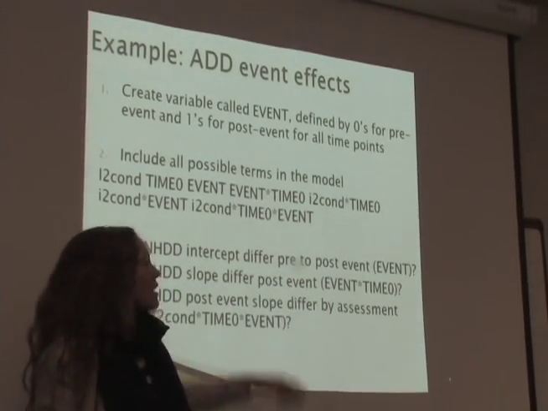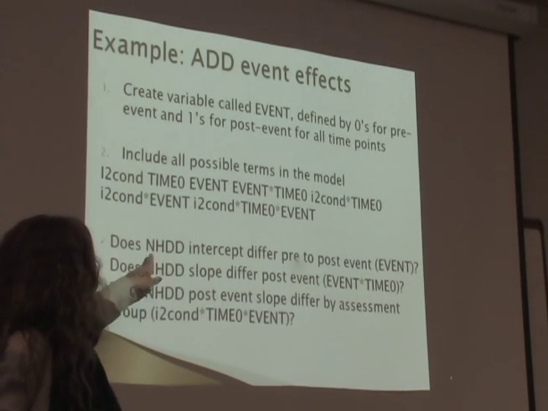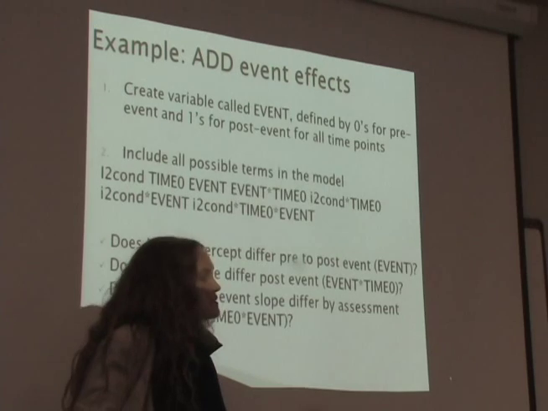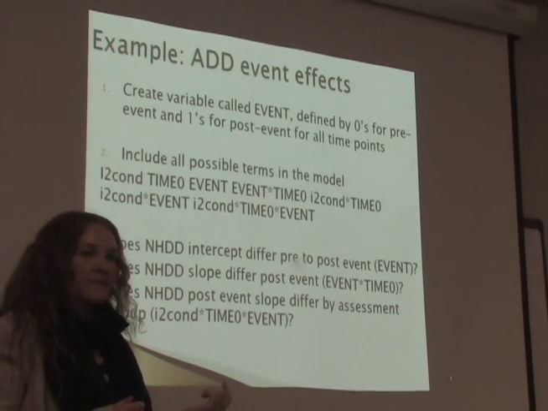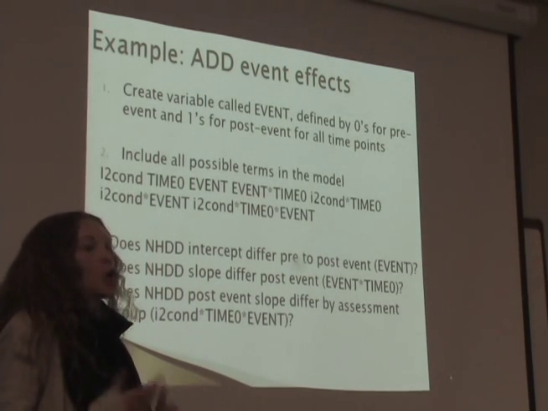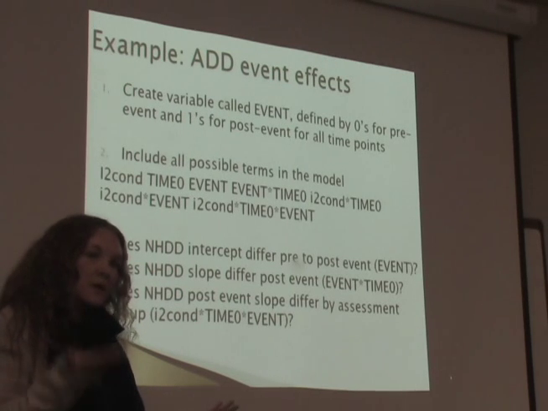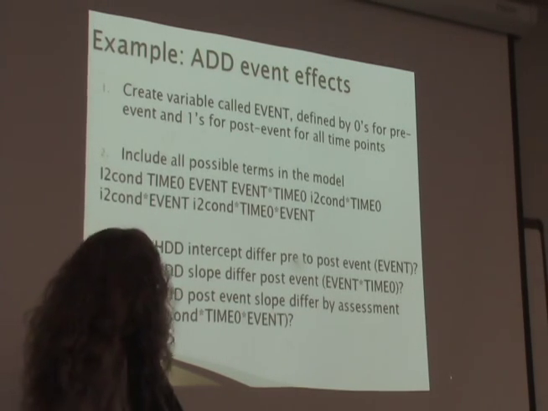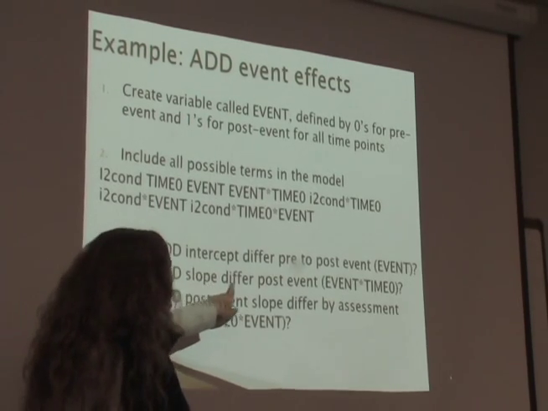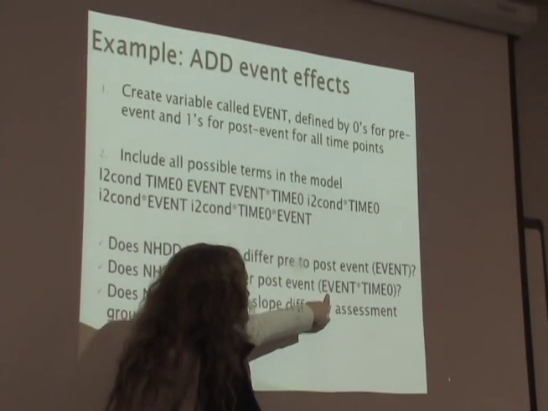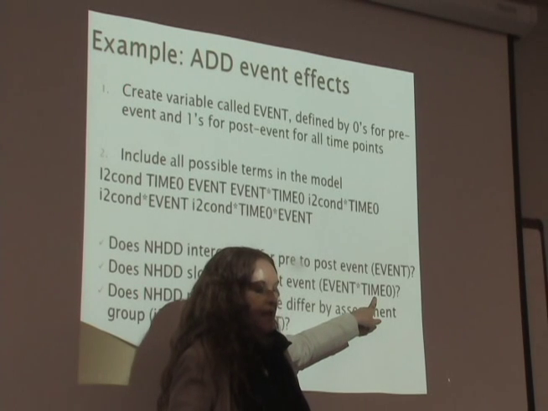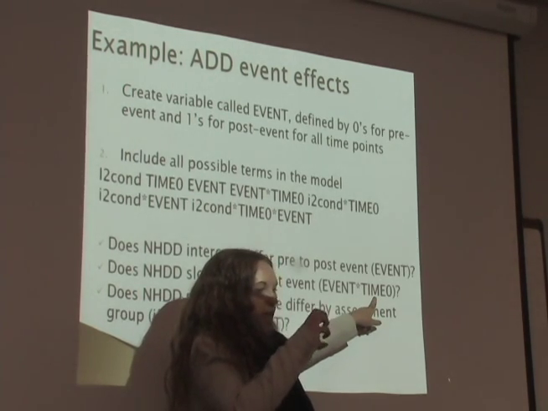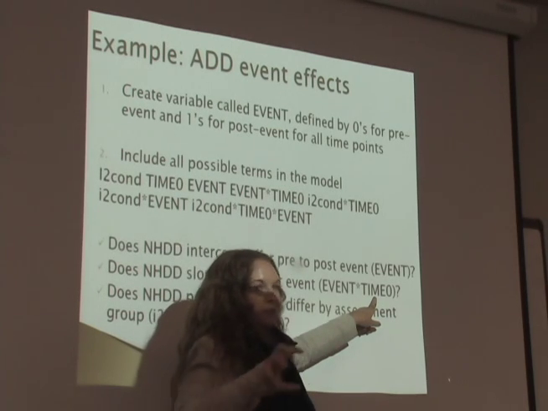And what they're asking is, does the heavy drinking intercept differ pre and post event? So that's where we're looking at the event effect, right? Does it go down? Is the intercept lower, negative, post event? Does the heavy drinking slope differ post event? And so that's the event by time interaction. So that's saying, not only does drinking go down on average, but is there a negative slope effect?